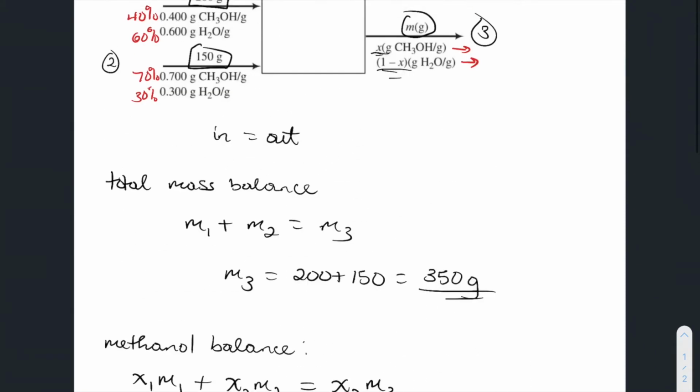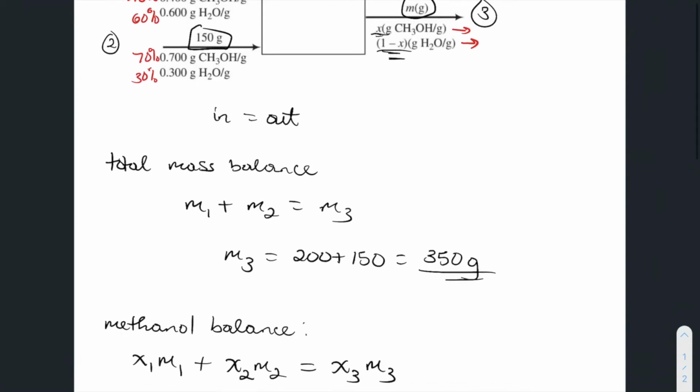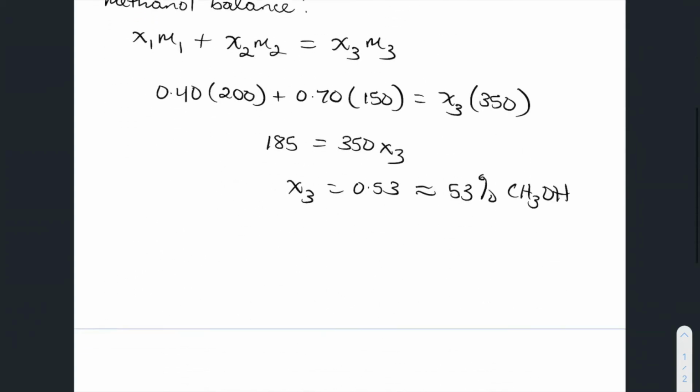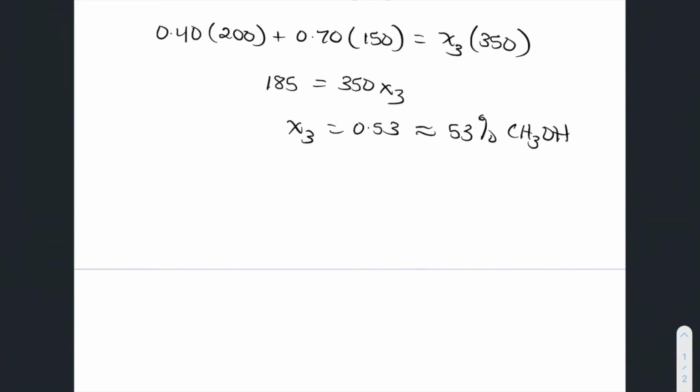And now all we're missing is the composition of water, but we can see here that the mass fraction of water is just 1 minus the mass fraction of methanol, which makes sense. Everything needs to add up to 1 in the mass fraction. If you're looking at fractions or decimals, or in percentages, everything must add up to 100%.